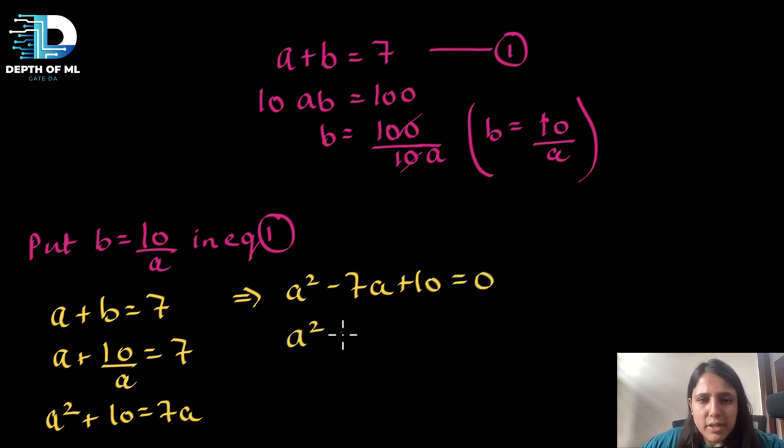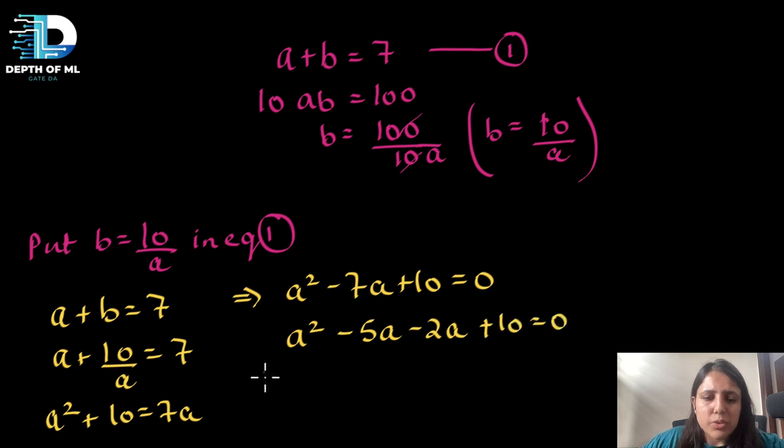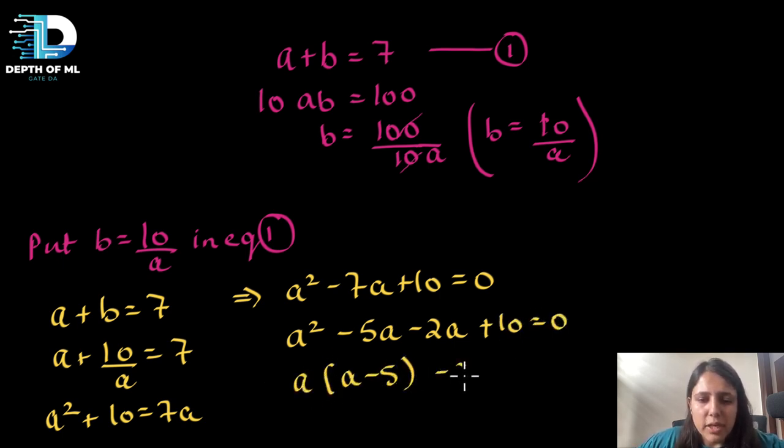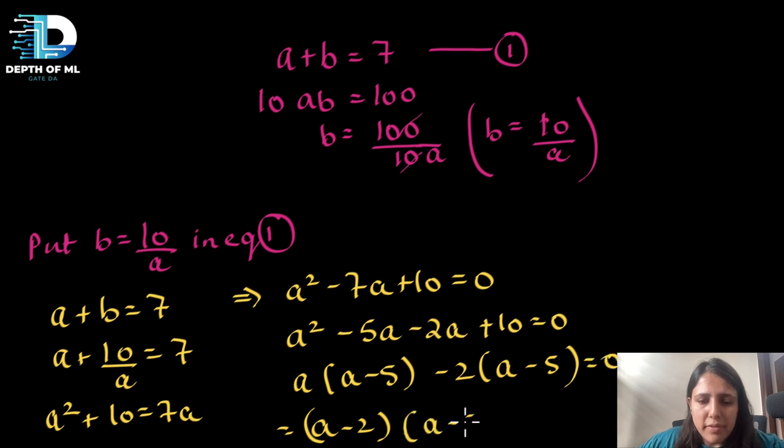Now I need to find the factors of this. We can find the factors from the formula, but I can clearly see that this is A square minus 5A minus 2A plus 10 is equal to 0. I will take out minus 2 common, A minus 5, and I have the factors A minus 2 and A minus 5 equal to 0, right?